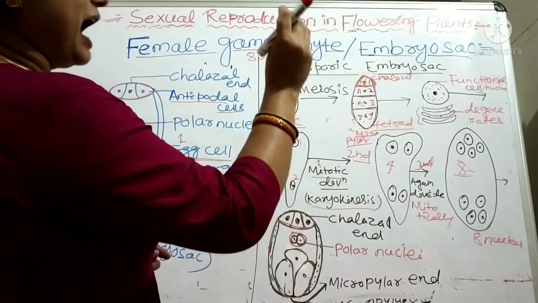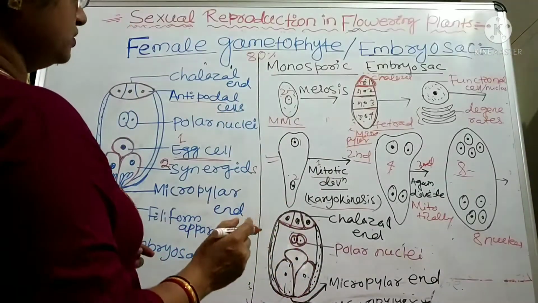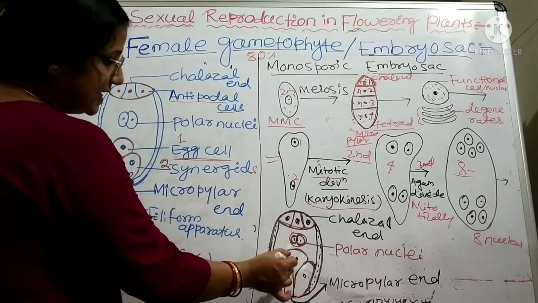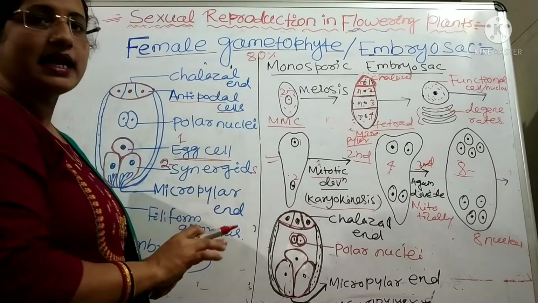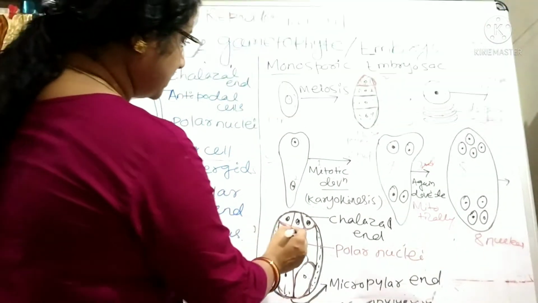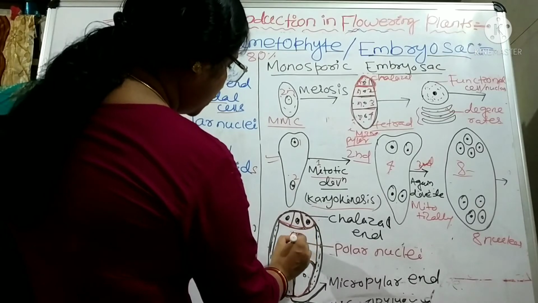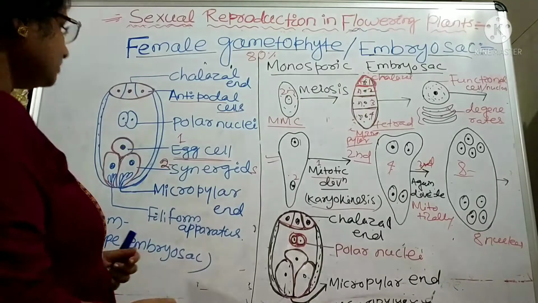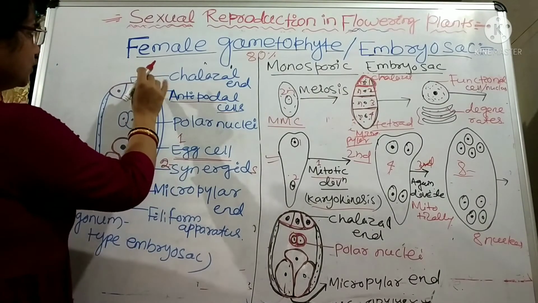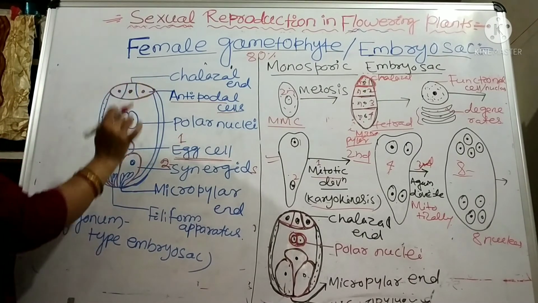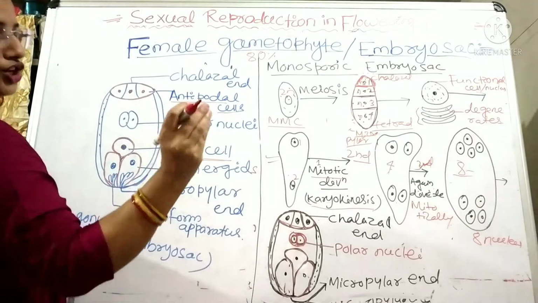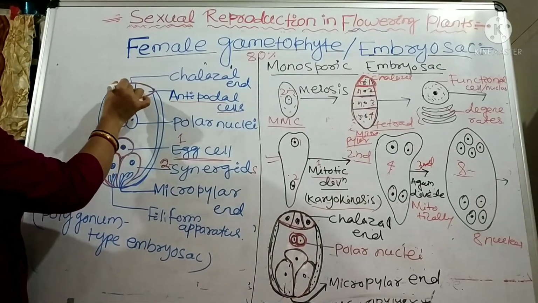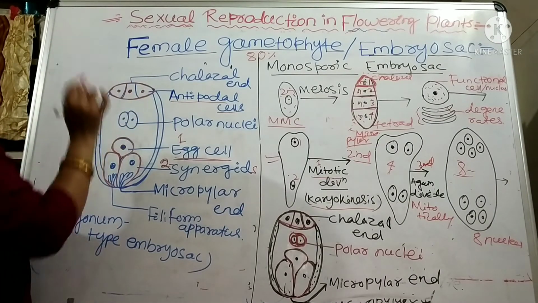Okay, and out of 8 nuclei, 3 move towards the chalazal end and 3 move to the micropylar end, and the remaining 2 nuclei are present in the center, attached to each other. Okay, after moving towards the 2 poles, the chalazal pole and the micropylar pole, the nuclei are surrounded by cytoplasm, forming cells.